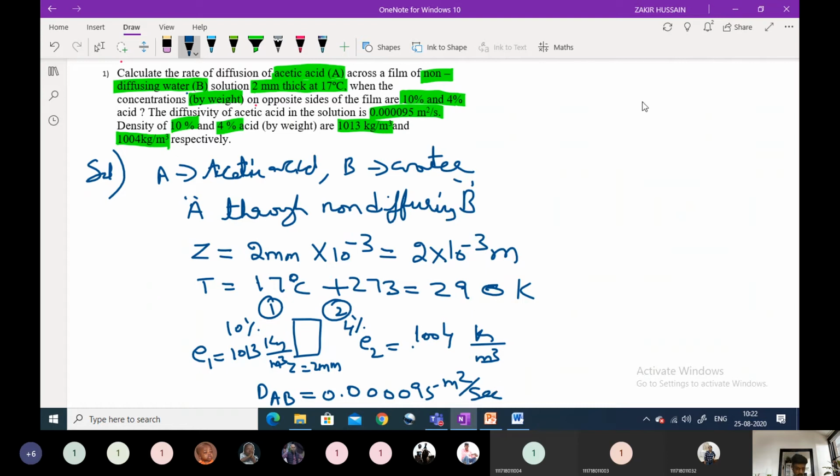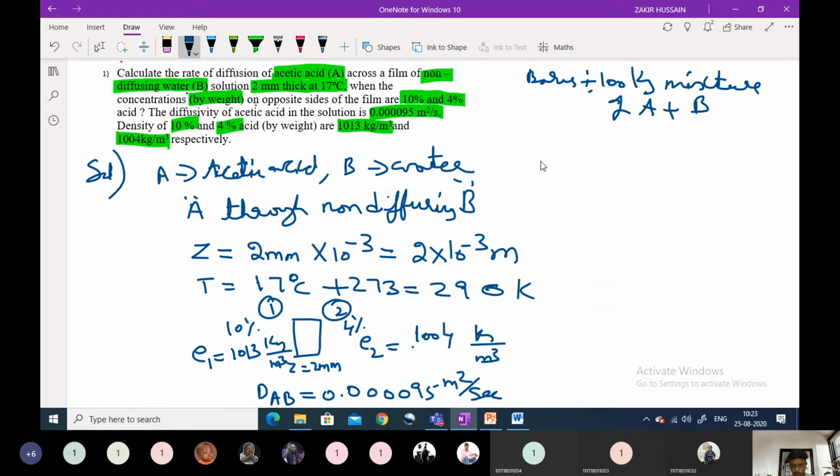So first we have to do the basis. We already know the basis is 100 kg mixture, as in the earlier case, a 100 kg mixture of A plus B, where A is acetic acid and B is water. That is why when it is 10%, we take 90% as water.